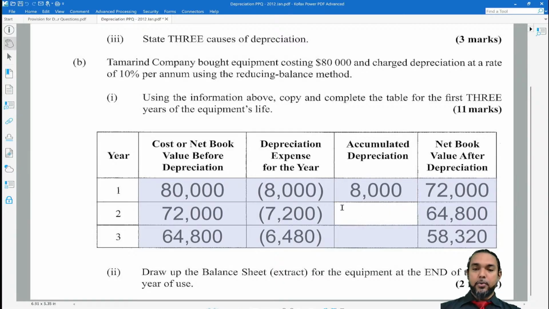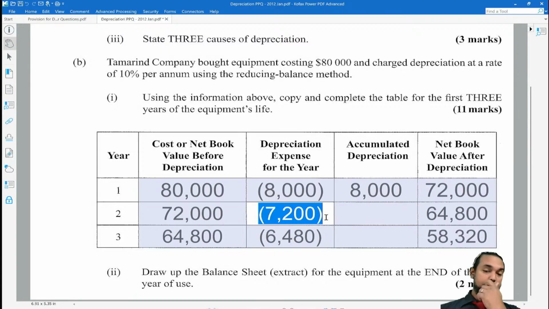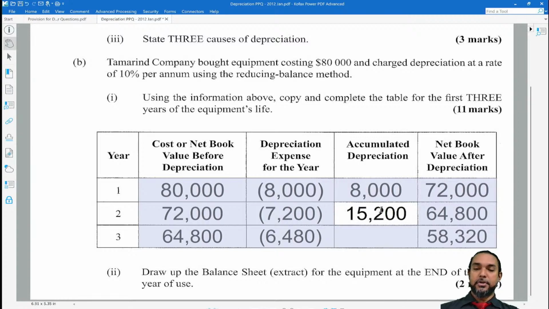In year two, we have two years' worth of depreciation, 8,000 from year one and 7,200 in year two. So to find the accumulated depreciation, we add those two together. We get 15,200. And in the final year, we will have three years' worth of depreciation accumulated. So we add all three together, and that'll give us 21,680.